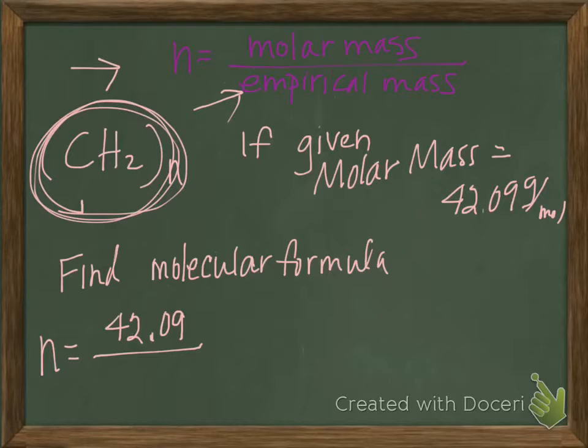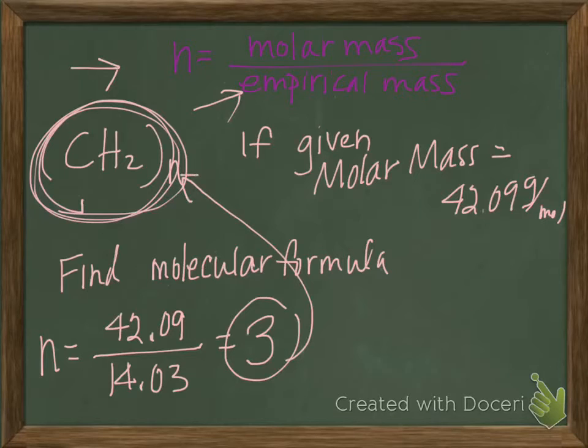We did 12.01 plus 2 times 1.01, which was 14.03, right? So divide by 14.03. And what does that come out to be? 3. So now we take this 3 and we substitute it in for that n.